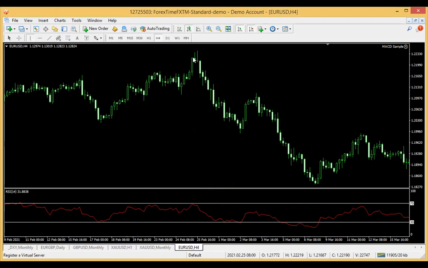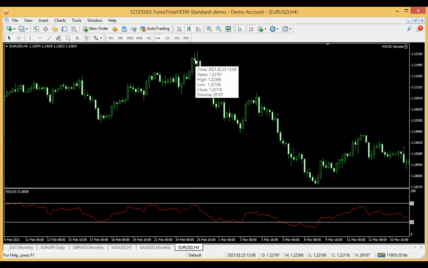Market touches the overbought level at this point. Here it has touched the overbought level. Are you seeing that? Then the next thing is you are looking out for a reversal pattern. And what reversal pattern is this? This is a shooting star, okay?